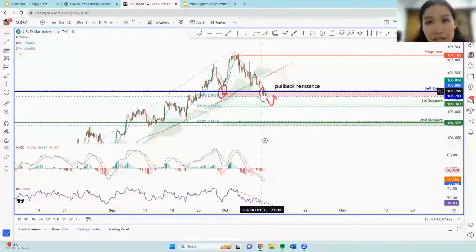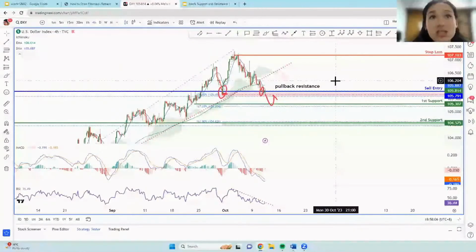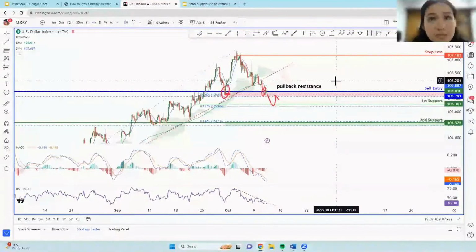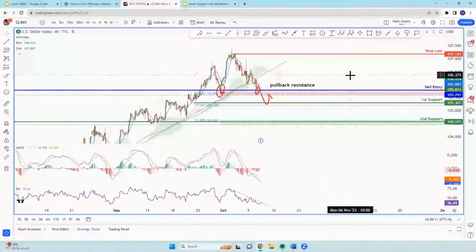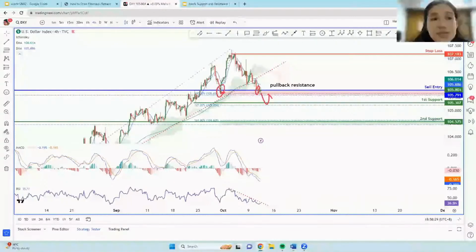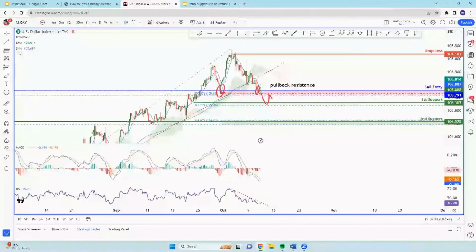So all of our indicators and our graphical analysis give us a bearish signal. Okay, I can see the RSI giving us a bearish tone, and the MACD is also giving us a bearish trend as well.